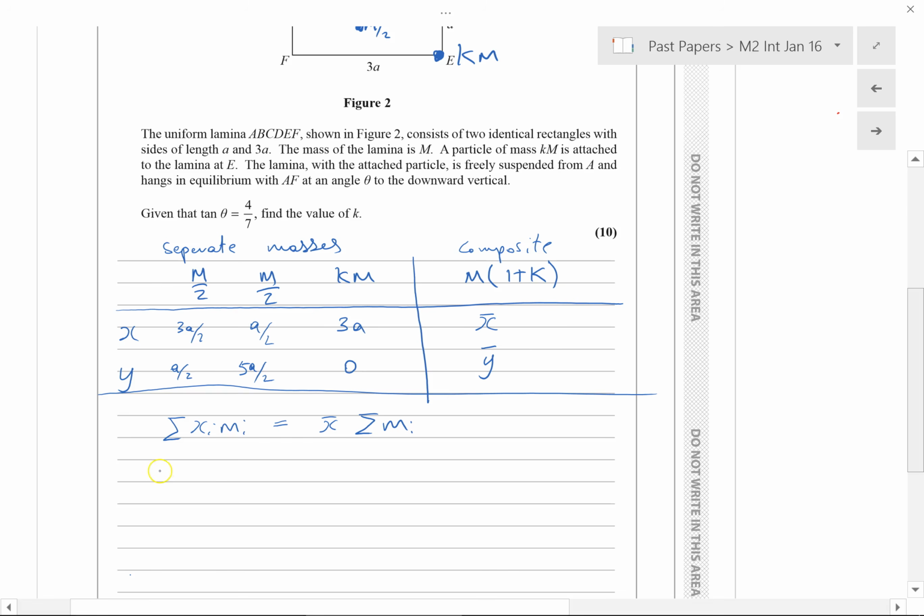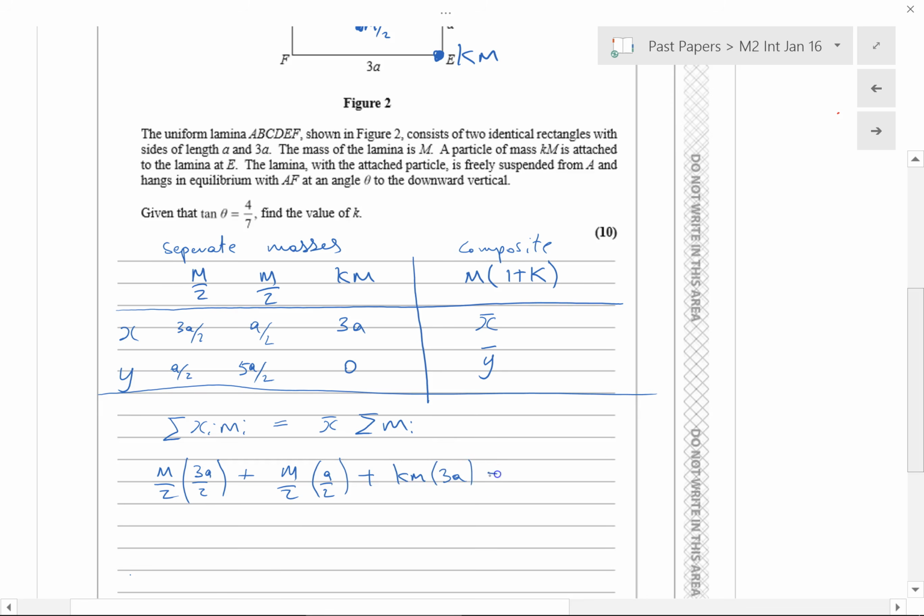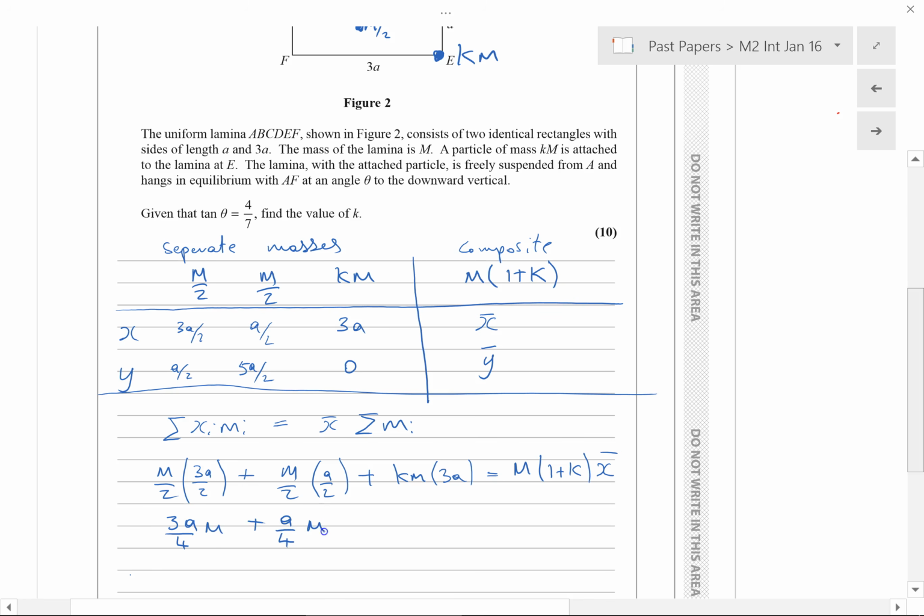So we've got m times 3a over 2 plus, well, that's m over 2 of course, m over 2 times a over 2 plus km times 3a is equal to m 1 plus k times x bar. So that's 3a over 4m plus a over 4m plus 3akm is equal to m 1 plus k x bar.